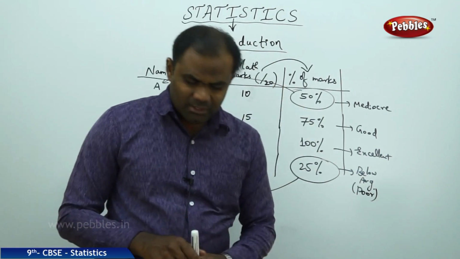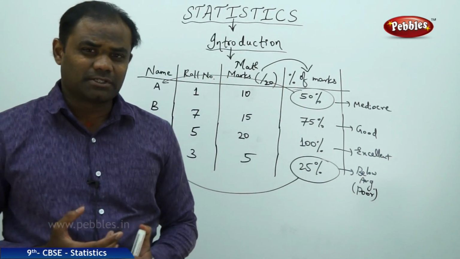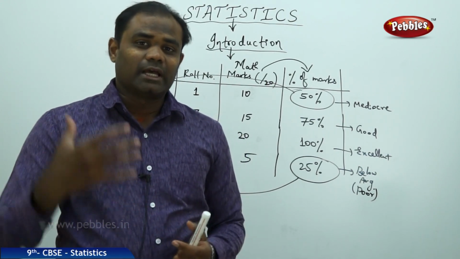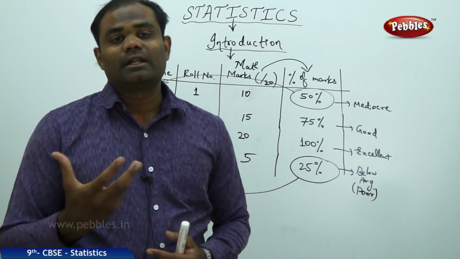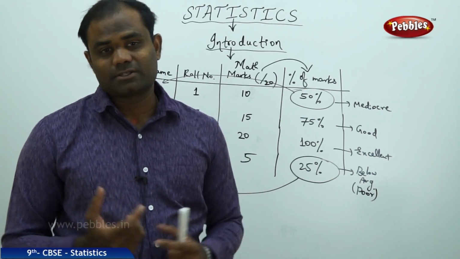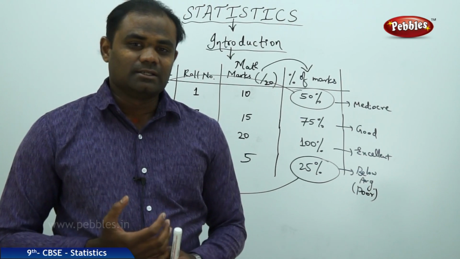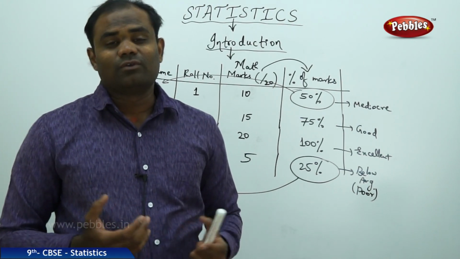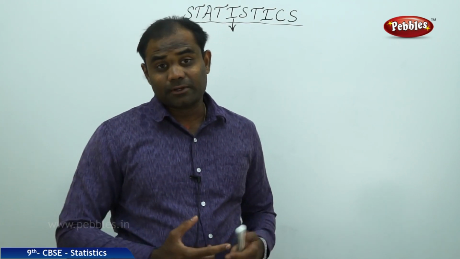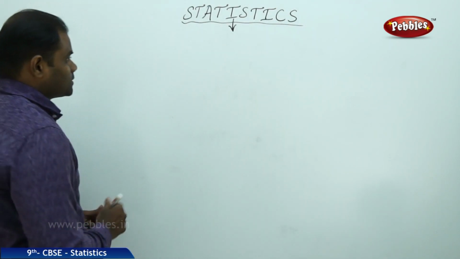So in mathematics, we have many real life situations which are converted to data, which are converted into analyzing the data and then understanding the real life situation through the data, which is called statistics. So let's see the definition in brief on what is statistics. In more simple sense, let's try to define what is statistics.